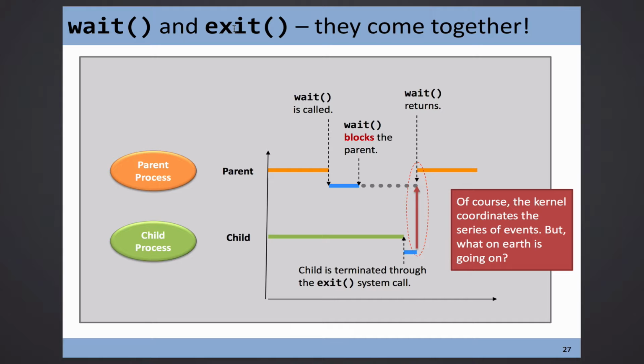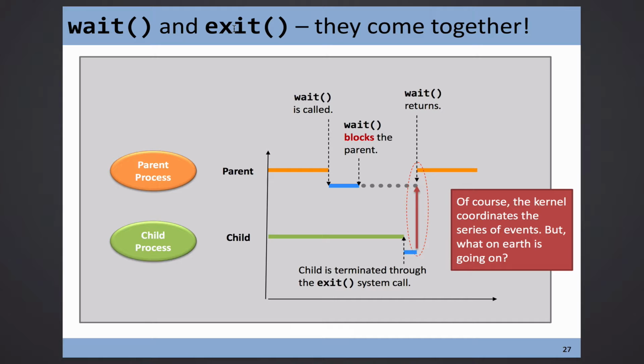Then the parent calls wait and goes to the kernel, and the kernel says, I know that you are waiting for a child termination, but your child is still living. Why don't you stay inside the kernel code and I don't release you? So you will be blocked. We call it a blocking system call. You will be blocked there, and I put dots here. Now, how about the child?